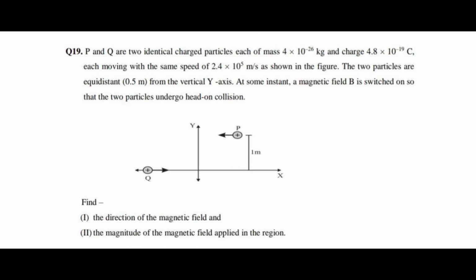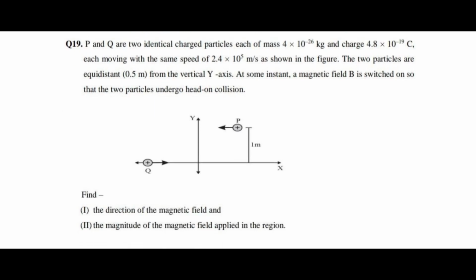Coming to question number 19. P and Q are two identical charged particles, each of mass 4 into 10 power minus 26 kilogram and charge 4.8 into 10 power minus 19 coulomb, each moving with the same speed of 2.4 into 10 power 5 meters per second as shown in figure.